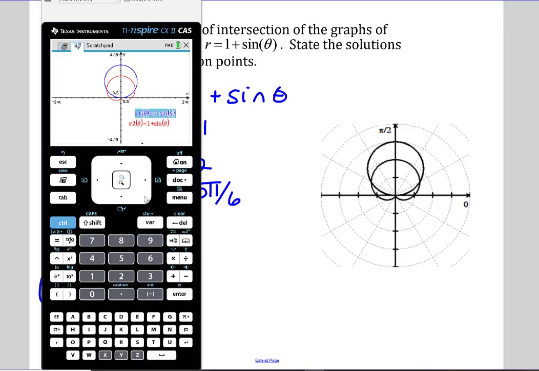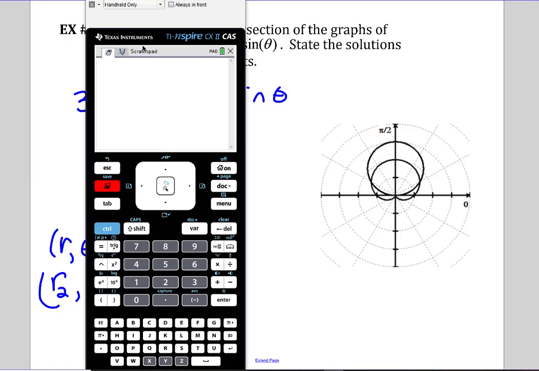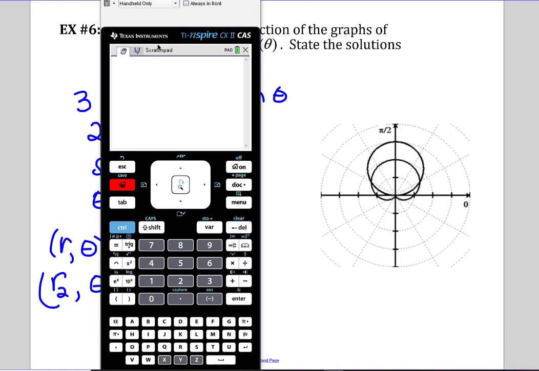Okay, so here we've got our graphs, and then in my graph window, I'm going to check what we got for our zeros. What was it? Pi over 6. So I want to check at pi over 6. We got 1.5 on the first graph. And at pi over 6, we need the same value, 1.5.